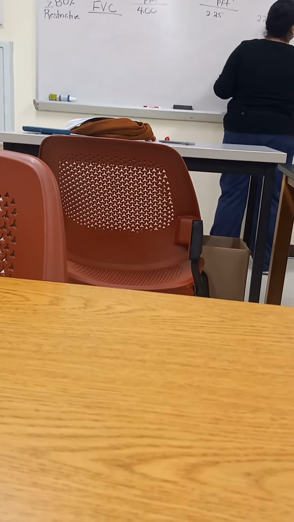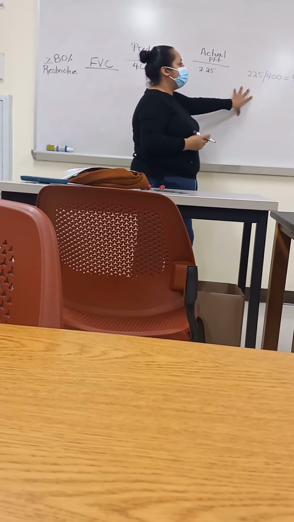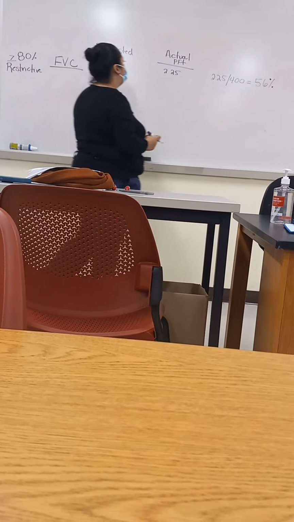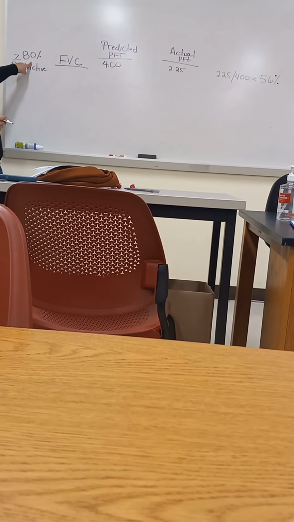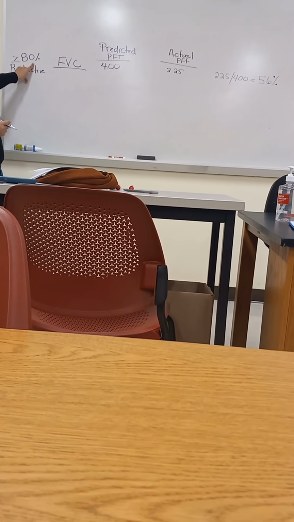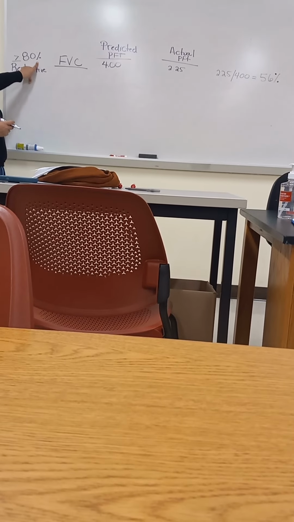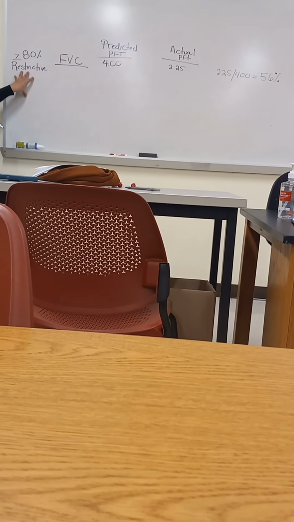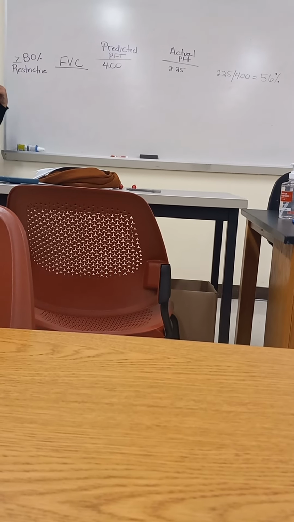Okay, so they got 56% forced vital capacity. We want it to be greater than 80%, so that means they're pretty low. That pretty much tells us that they do have some type of restrictive disease going on, because it's not 80% of their predicted.